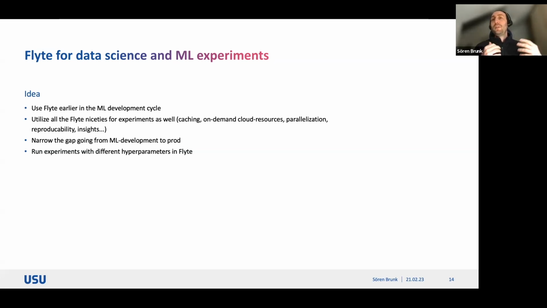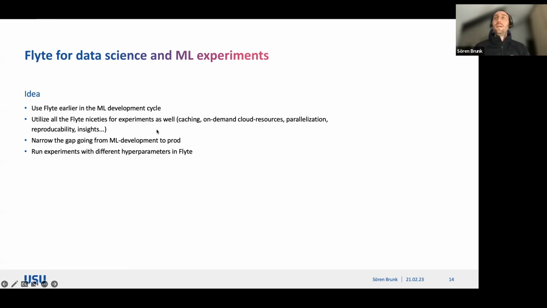If we parameterize our tasks and workflows, it's quite easy to try different things, run them in Flyte, and later collect the results. And yeah, this is essentially what we've started doing.